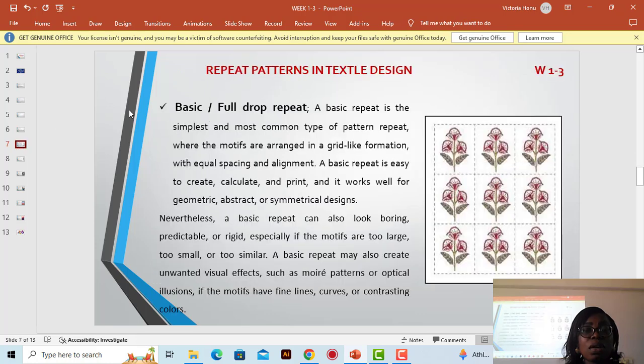so we are now going to look at the repeat patterns in textile design. The repeat patterns in textile design. This is a very essential topic because without this knowledge, you cannot create, I'll put it in quotes, a perfect fabric, cloth, or not even create, you cannot design a perfect cloth because this is like a principle.